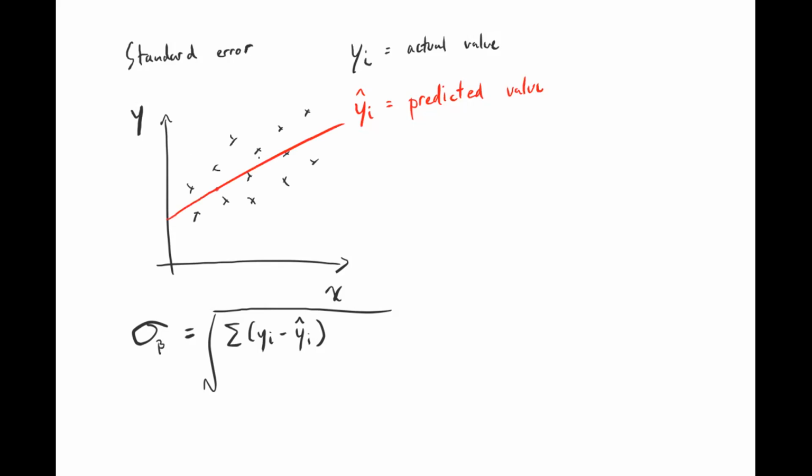You might have a particular prediction, if this is your 0.1 for your prediction, then yi hat would be this value here, and this is your actual value. So this term here is simply the error term.